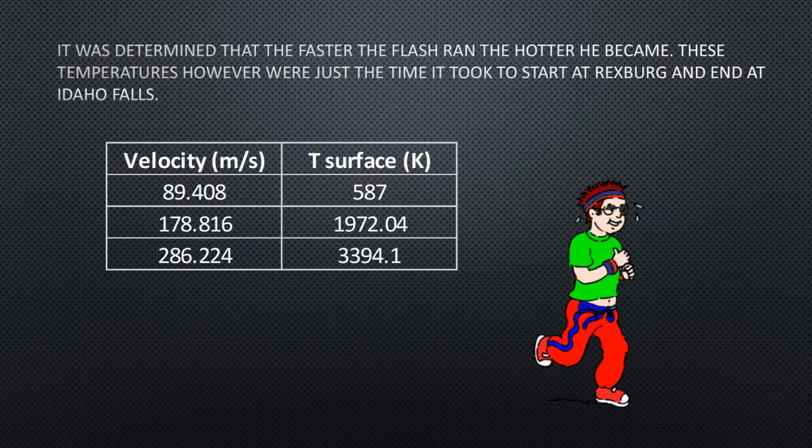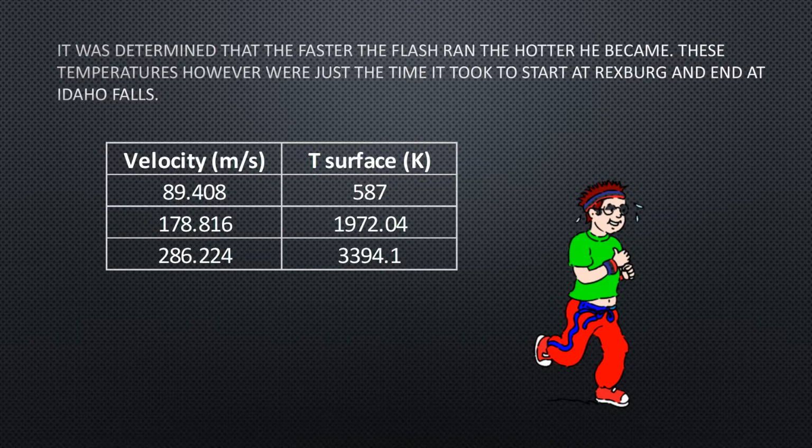Now, these temperatures were taken at certain time intervals because at these certain times, the Flash would arrive at his destination in Idaho Falls quicker the faster he runs.